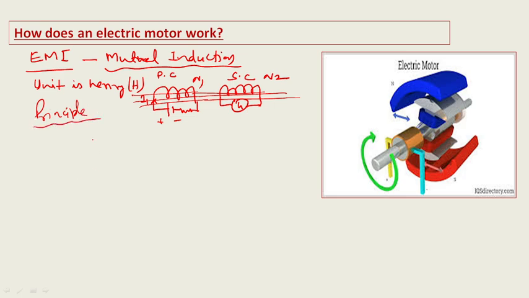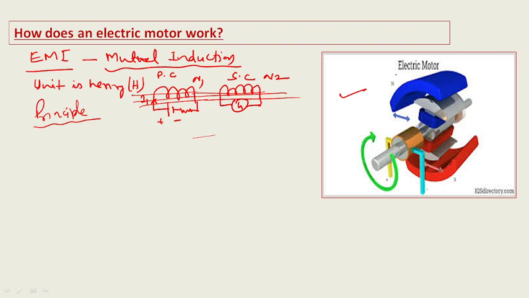Now how does it work? See, this figure is given here. It is the actual design of a motor, in which there are a primary coil and a secondary coil. Magnets are there. Sometimes the coil rotates and the magnets are static, and sometimes the magnets rotate and the coil is kept static. Both cases exist, depending on the speed of the electric motor.